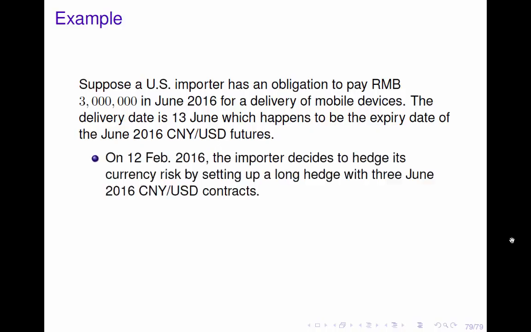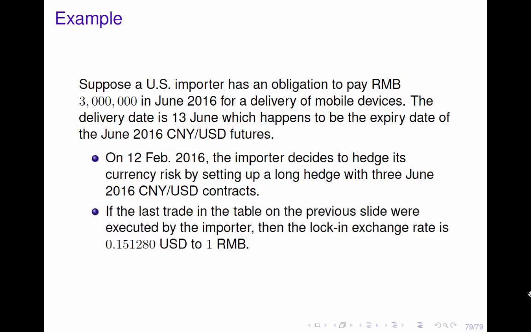On February 12, 2016, the importer decides to hedge its currency risk by setting up a long hedge with 3 June 2016 Chinese Yuan US dollar contracts. If the last trade in the table on the previous slide were executed by the importer, then the locked-in exchange rate is 0.151280 US dollar to 1 Chinese renminbi.